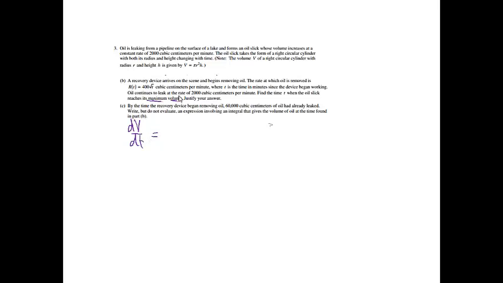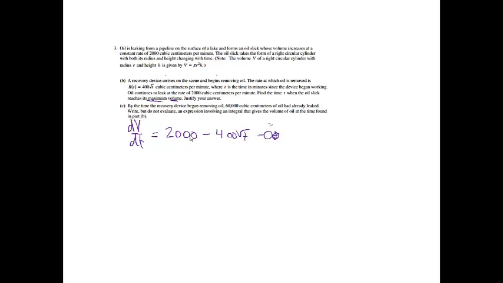To get that, we know that we have oil that's leaking out, and then we have oil being removed. So we have 2,000 because that's the rate that it's leaking, and then minus the oil that we're removing. So minus 400 square root t, and then we will set that equal to 0.